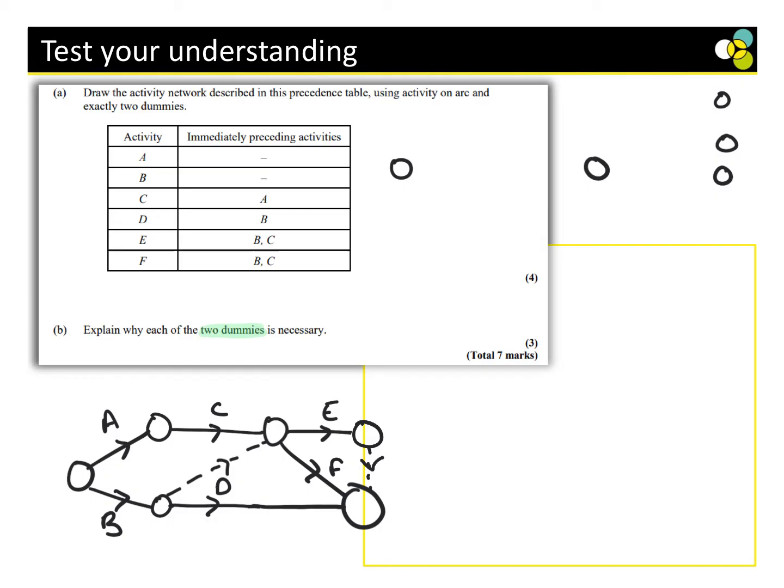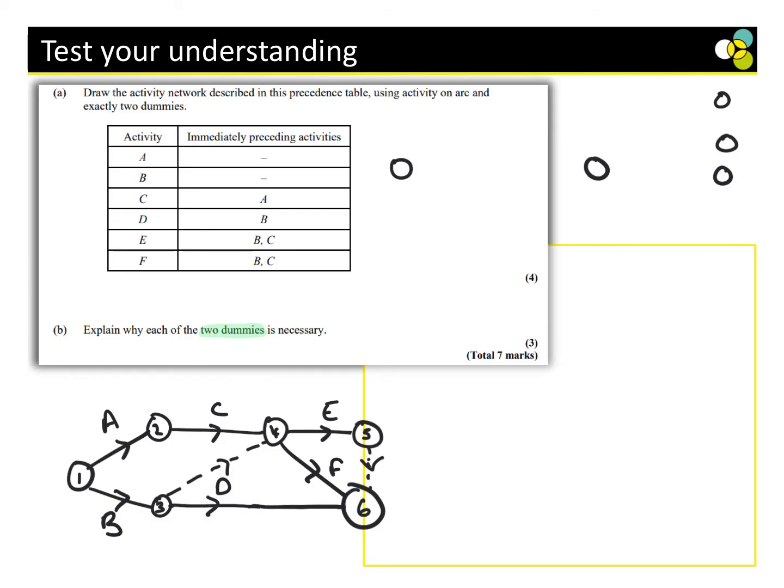So there we go. So this would be 1, 2, 3, 4, 5, and 6. Now that is 4 marks. So, why are 2 dummies necessary? Well, first of all, E and F are dependent on B and C. So that's why we need the dummy here, don't we?